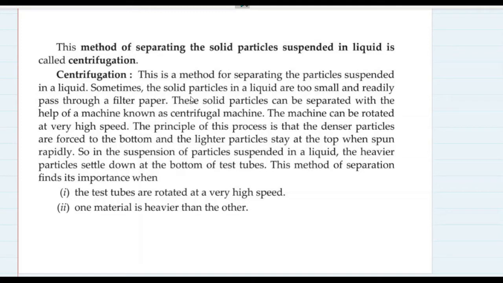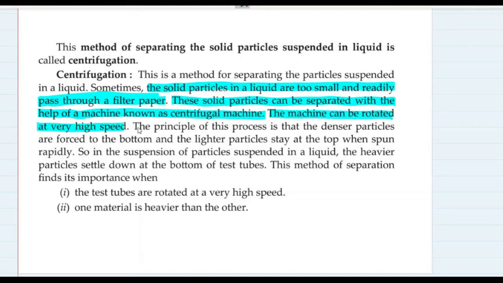Sometimes the solid particles in a liquid are too small and readily pass through filter paper, so filtration cannot be used. These solid particles can be separated with the help of a centrifugal machine, which can be rotated at a very high speed. The principle is that denser particles are forced to the bottom and the lighter particles stay at the top when spun rapidly.